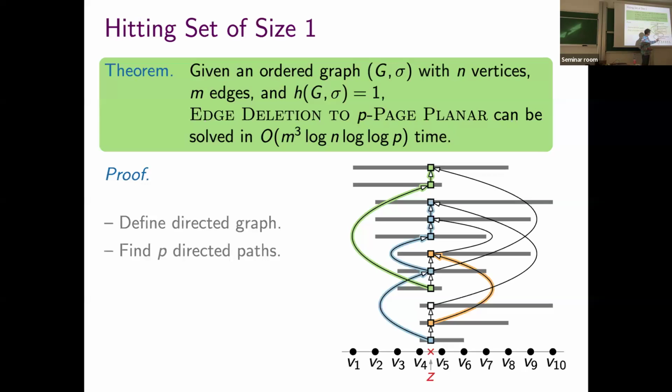What could you change? Instead of these 2, you could maybe cover these 2, or you could go from here to here instead of to here. So you have an acyclic directed graph, and you try to say how many elements can you cover with p paths.